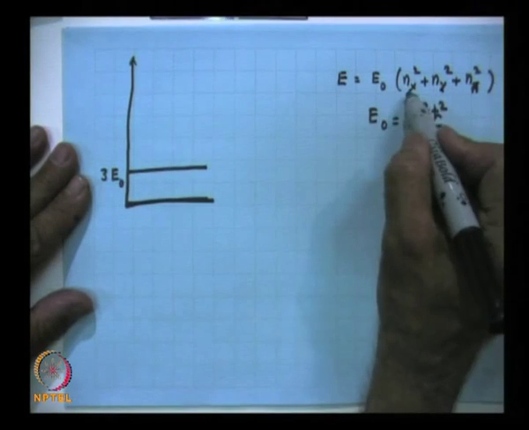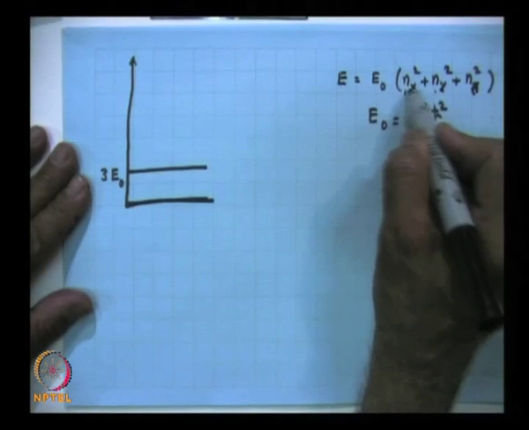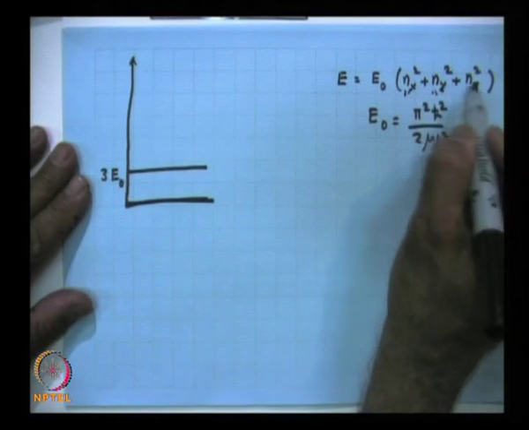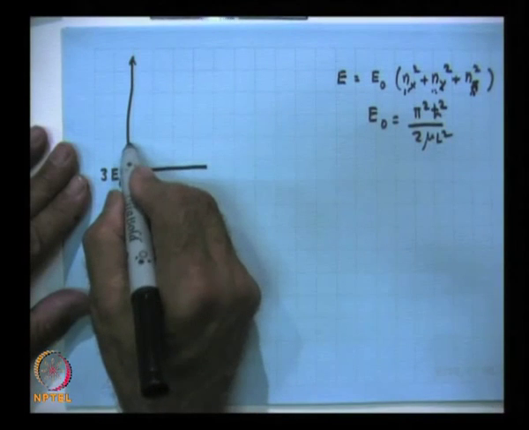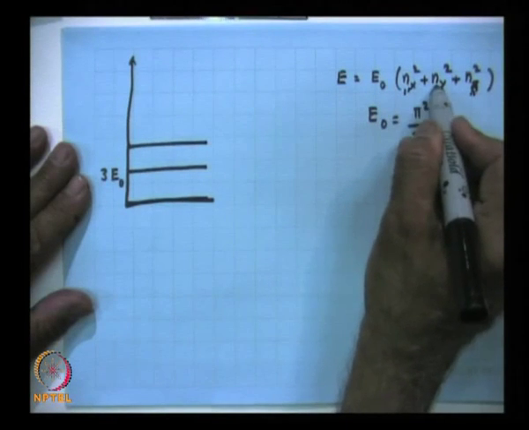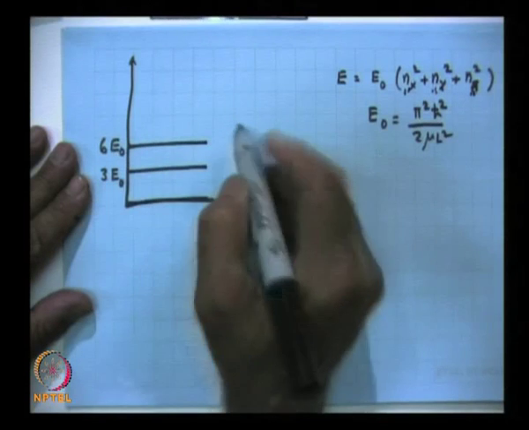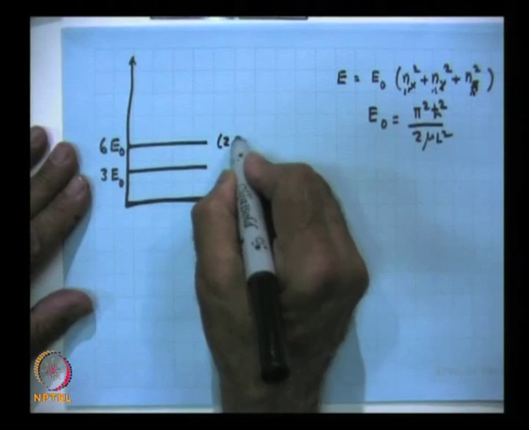Then you will have 2 1 1, 1 2 1, 1 1 2. That state will be a threefold degenerate state, and this will be 4 plus 1 plus 1, that is 6 E 0.